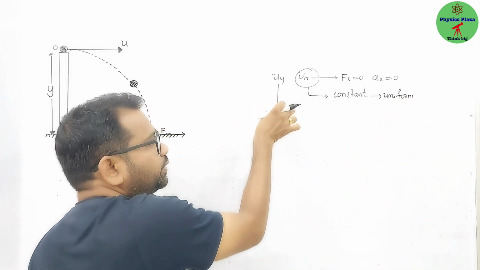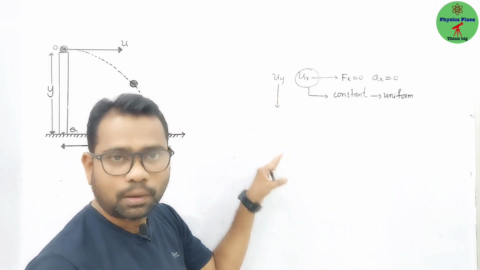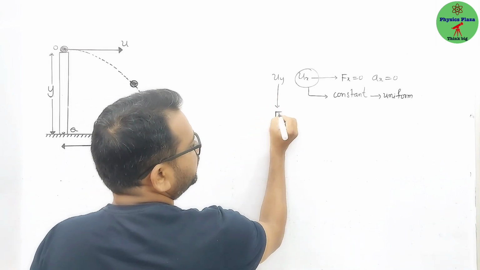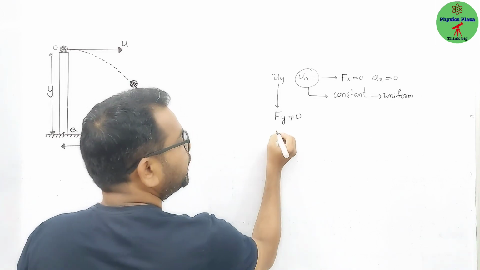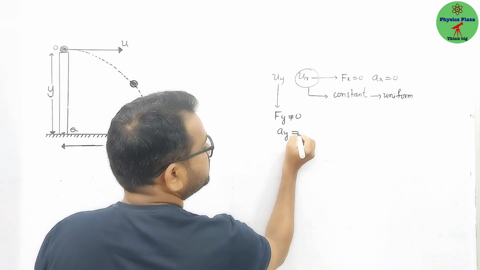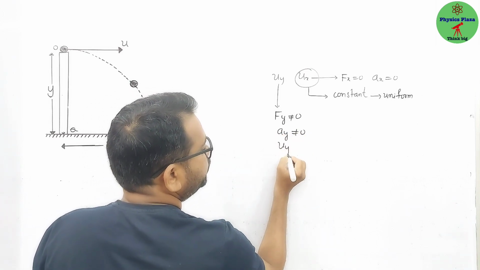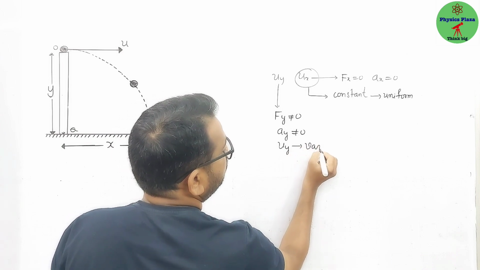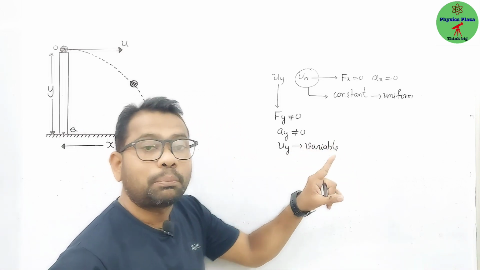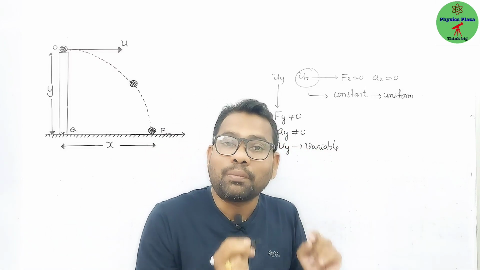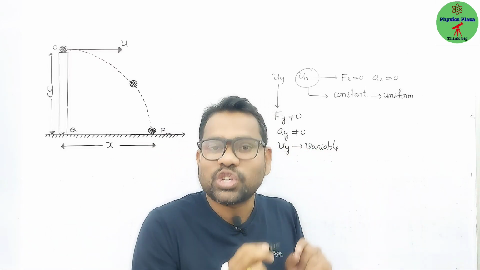Whereas for the vertical component, in the vertical direction, yes, the force of gravity acts, which means it is not zero. Hence there will be some acceleration. So here uy is a variable. Of course its direction won't change, but the magnitude of the vertical component of the velocity keeps on changing.